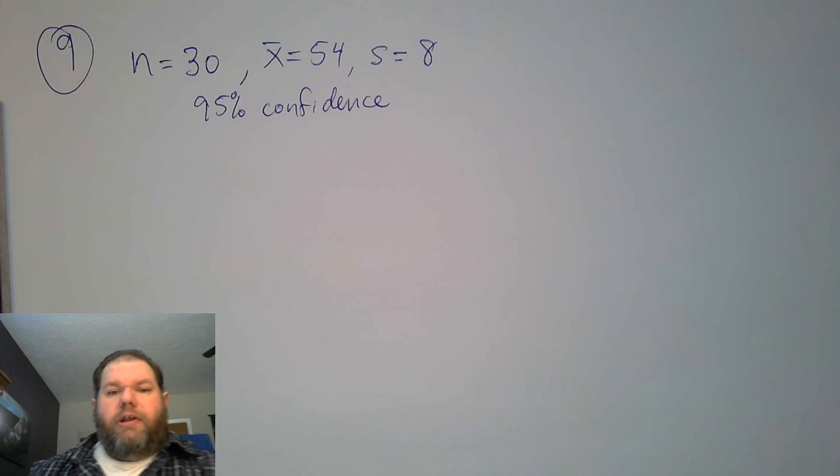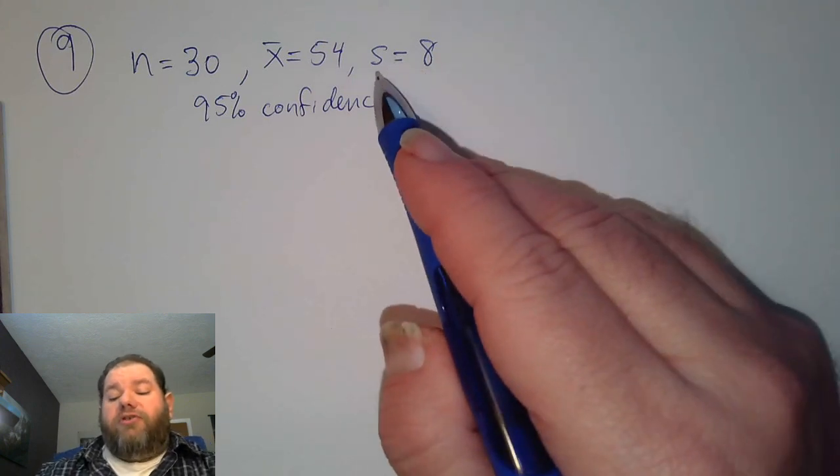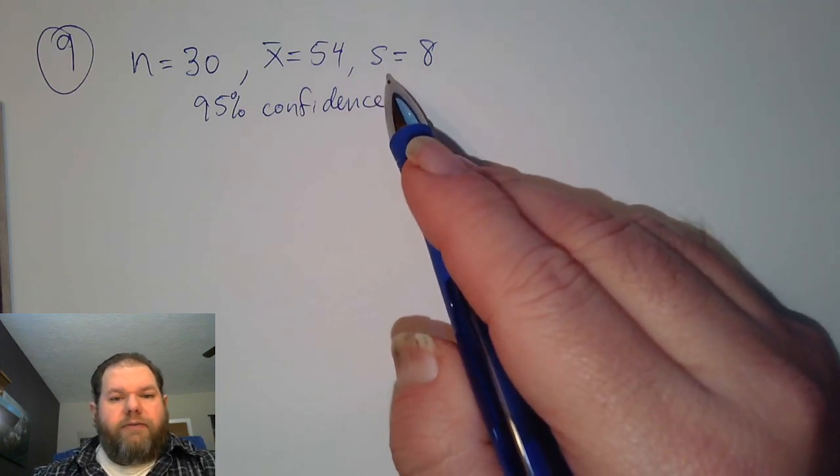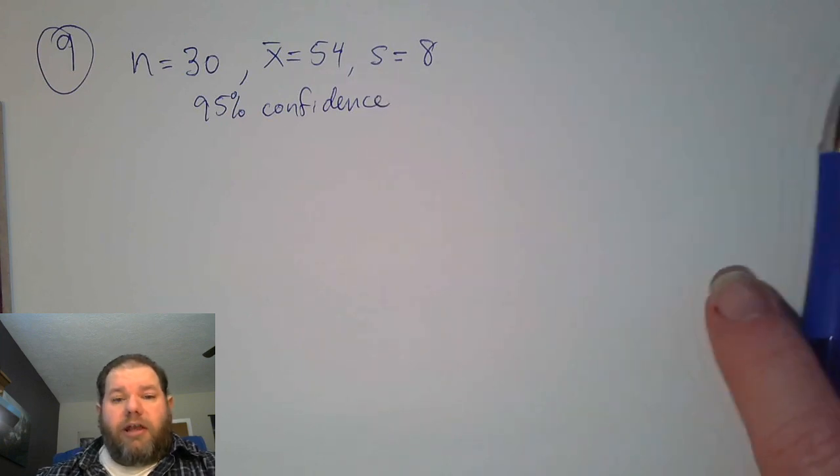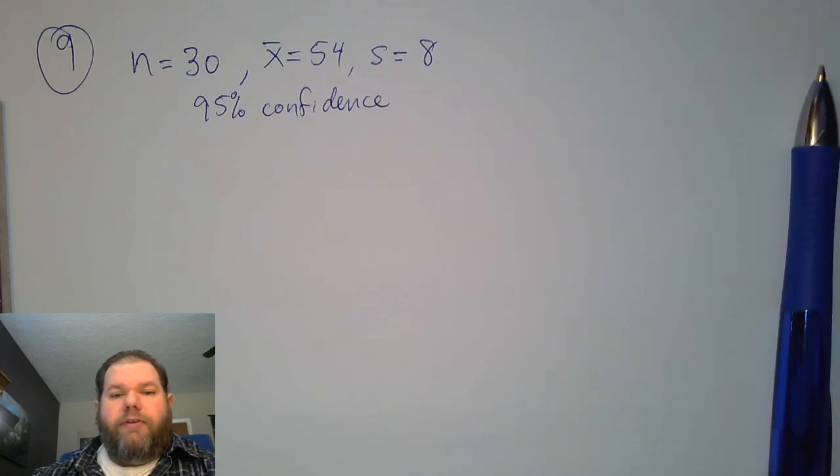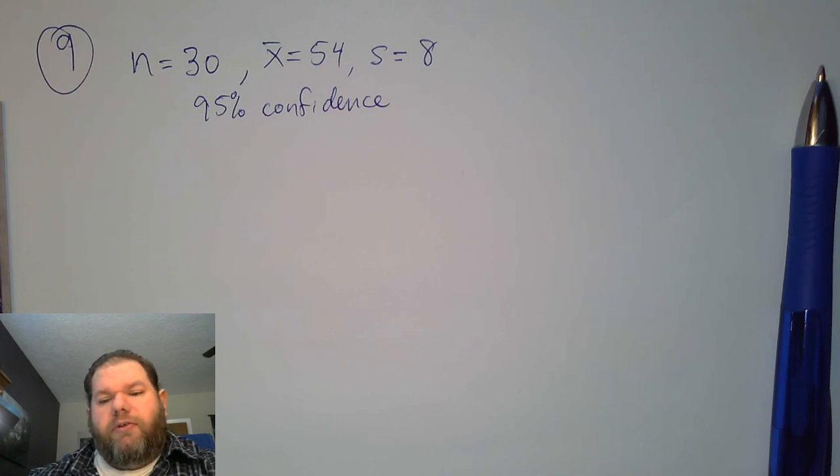Now this is the more likely scenario, that we actually have S, but we do not have sigma. This is a lot more likely to happen in actual research. Very rarely do we know population level data. What we're really trying to do is make predictions about population level data, and we want to find what mu should be between based on our research here.